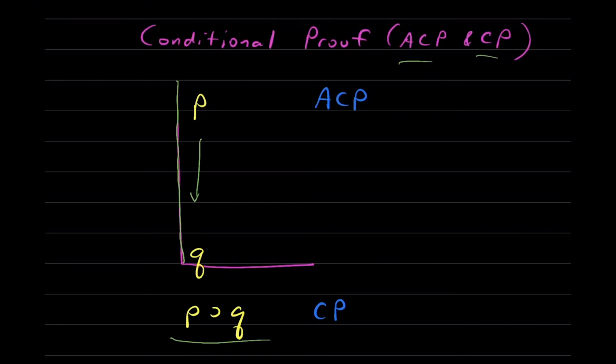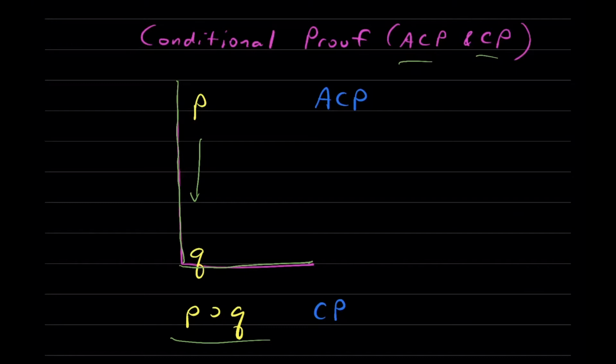That means that after you close off this assumption, once you've finished your conditional proof to generate P implies Q from this indented series of steps next to this vertical line, you can't cite anything inside that vertical line once you've closed off the conditional proof and discharged the assumption that you've made. That sounds pretty complex, but I will show you what it looks like in the context of a real proof momentarily. But the key takeaways are this.